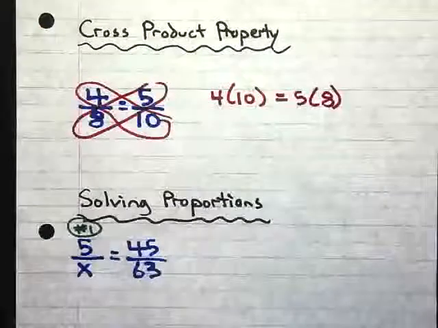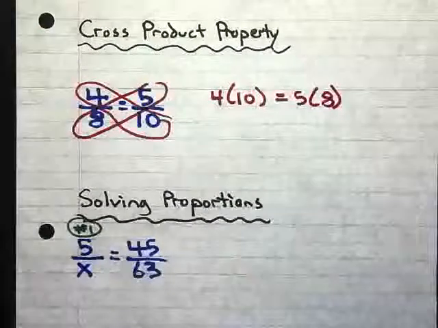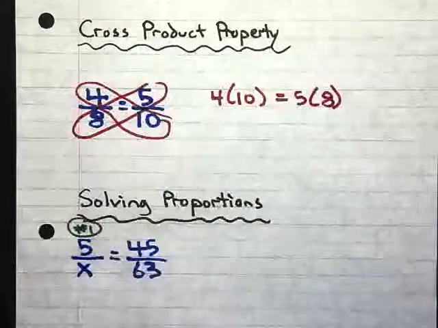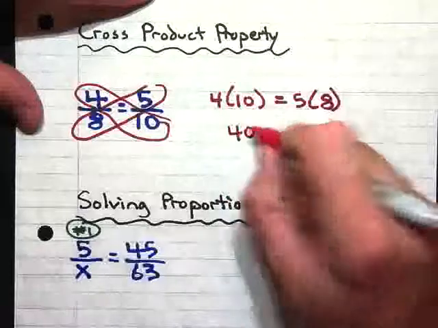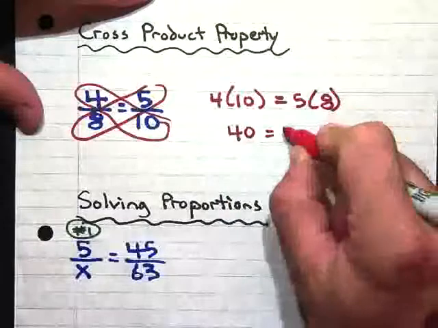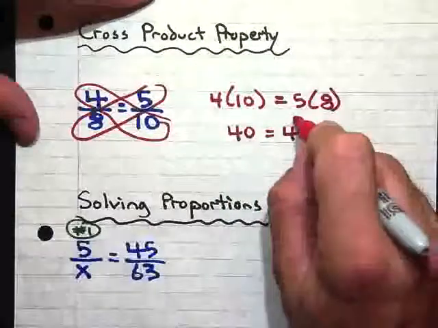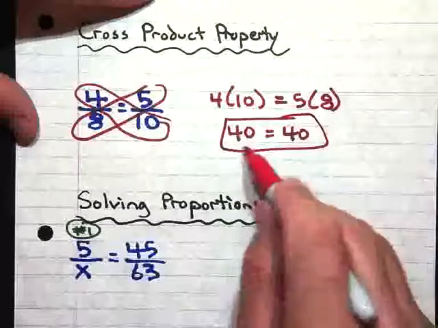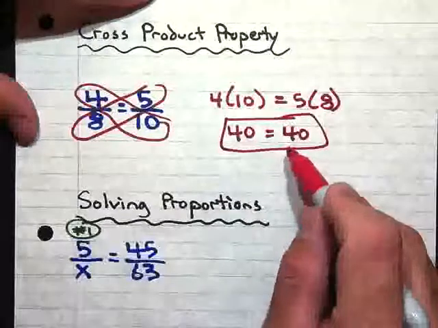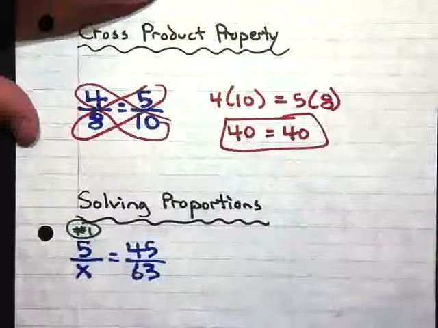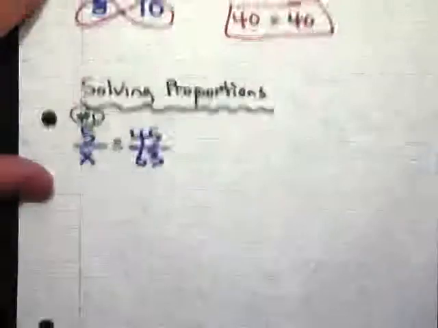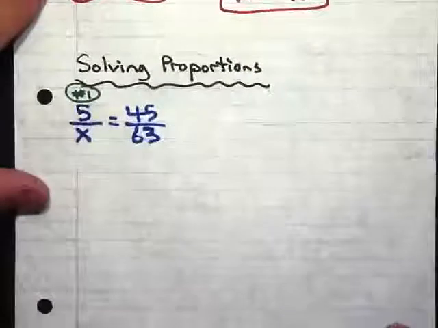Let's simplify this out and see if this actually works. 4 times 10 gives us 40. 5 times 8 gives us 40. So you can see that 40 does equal 40, and that the cross-product property does work. All right, let's take a look at our first problem.